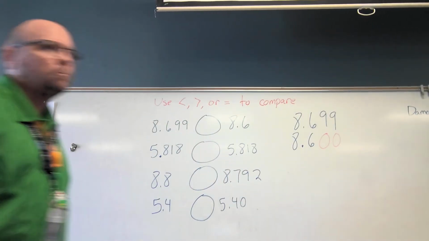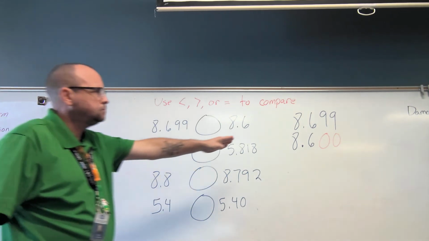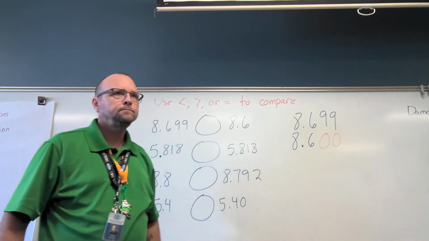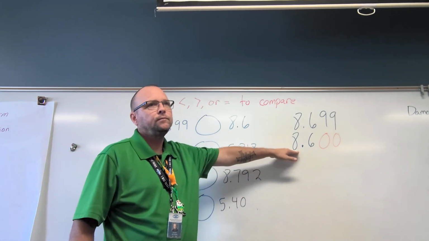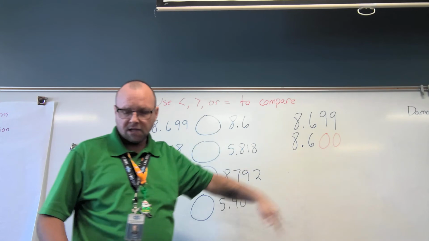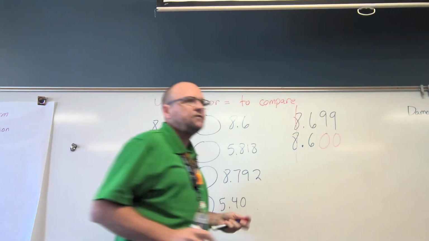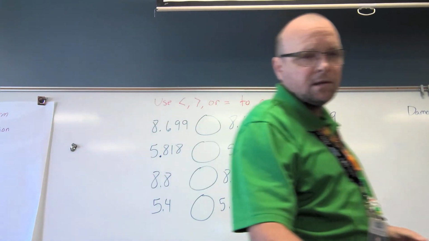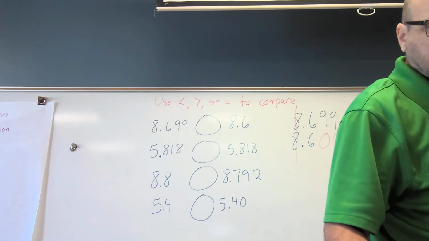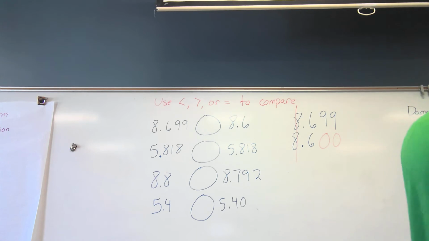Rosita, what is our biggest place value in this comparison? It would be 8. And what place value is that in? That's in the ones place. Do we have a difference in the ones place, Rosita? No. So that means we need to go back to the next place value.